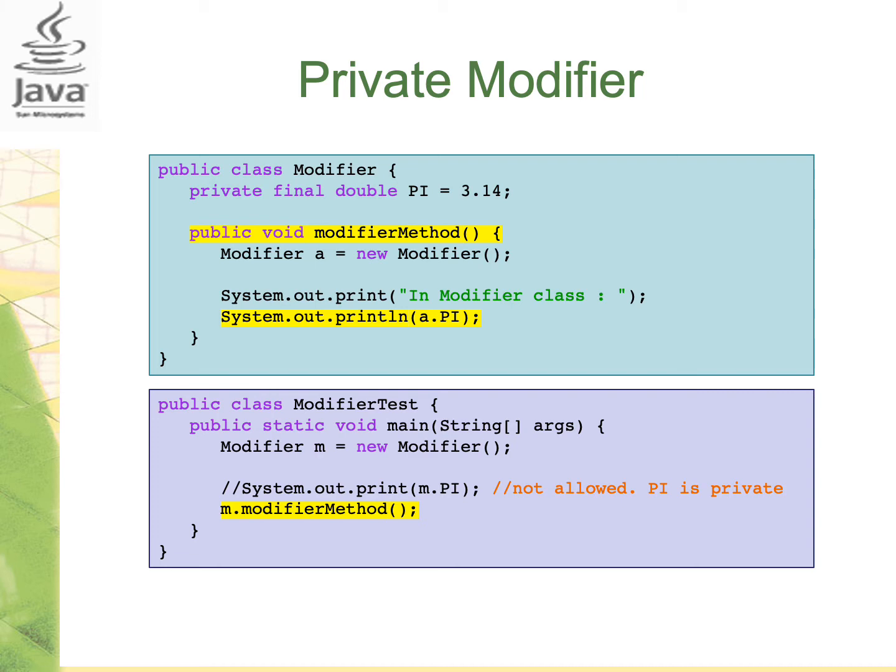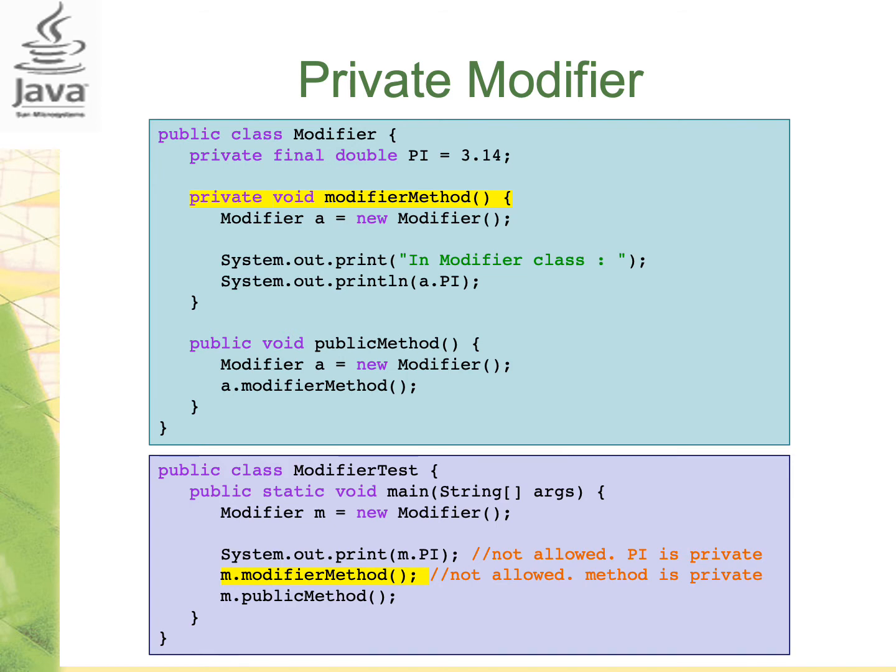If we compile the Modifier class, this is valid. It shows that within the same class, it can access its private data. In the ModifierTest class, we invoke the modifierMethod by writing m.modifierMethod. So, ModifierTest can indirectly access the value of private pi through the public modifierMethod.